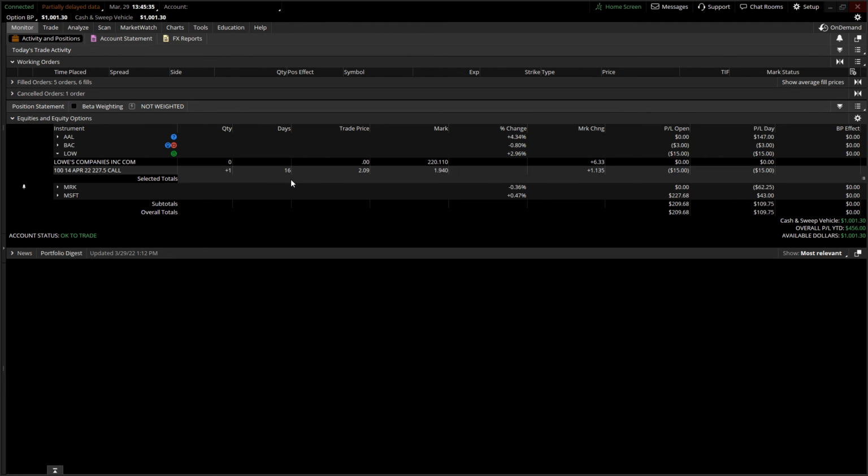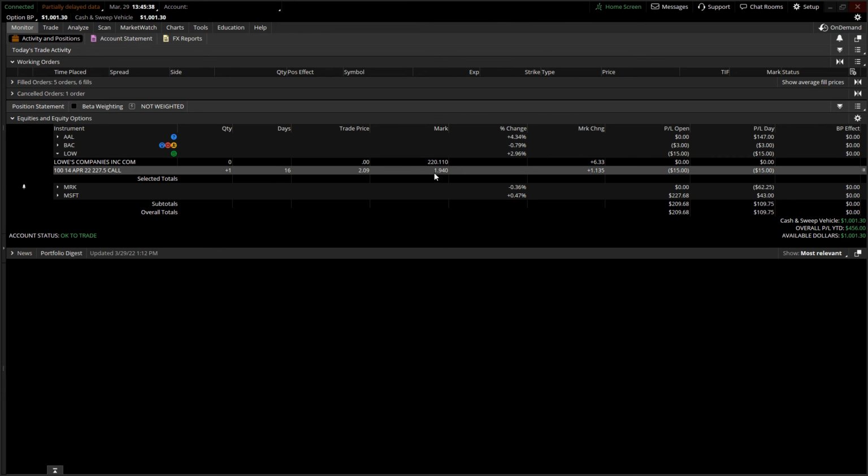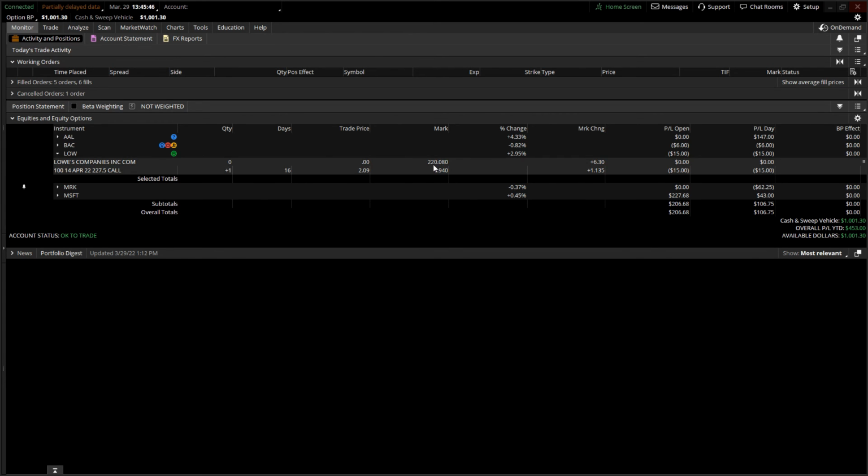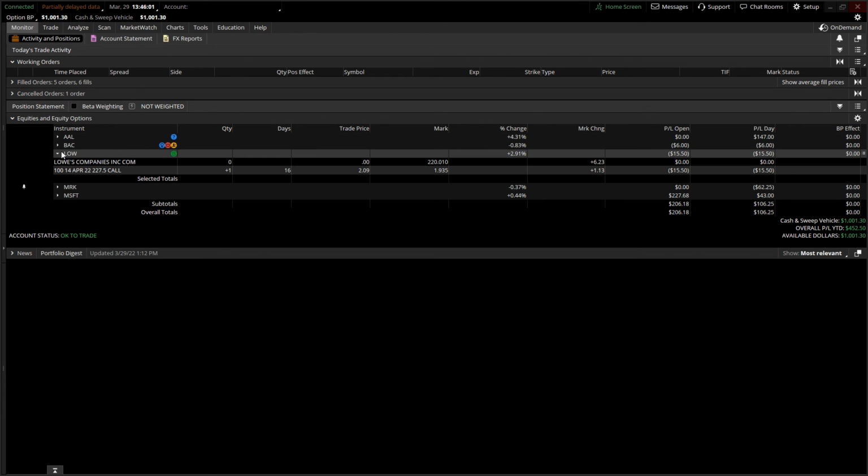Because of the delayed data, it's showing a negative $194, so there is a slight drop. And even though it's showing $220 as the price of the stock, it's actually more at $219.11 as of the time of this recording.